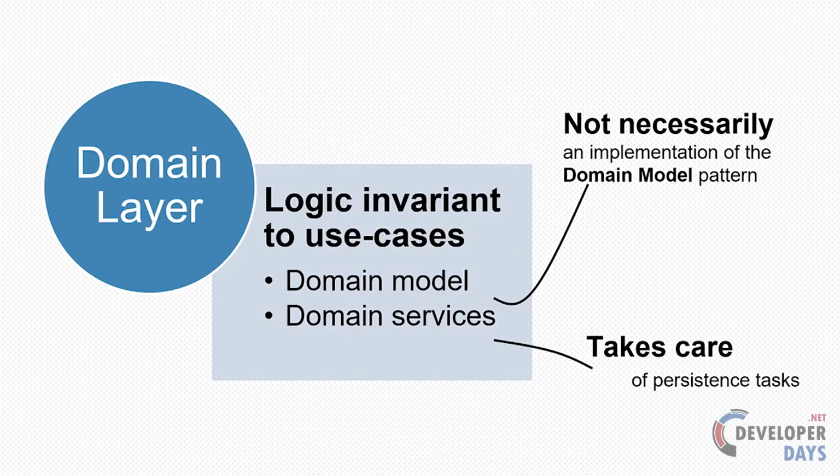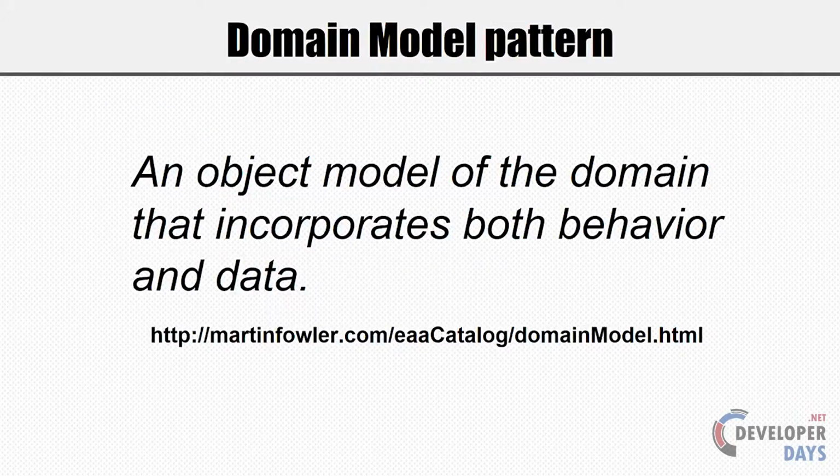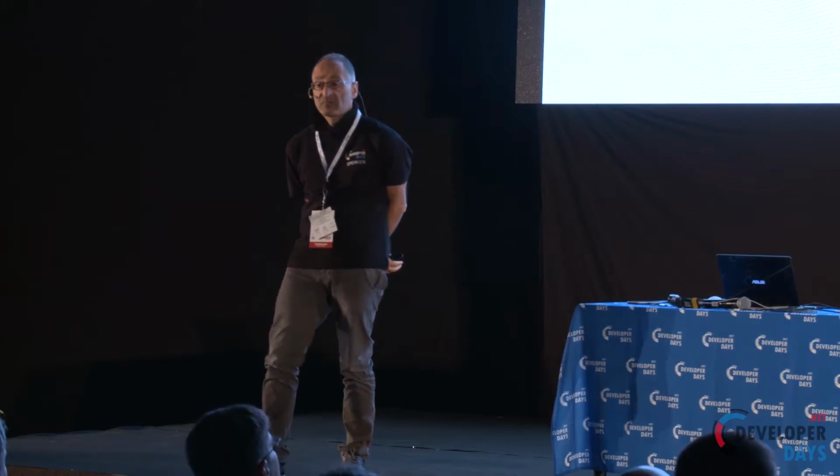When you design a domain model, you completely ignore the database and how you persist it. This is kind of shocking, because when you read the definition of the domain model pattern, it is an object model of the domain that incorporates both behavior and data. Okay, nice.